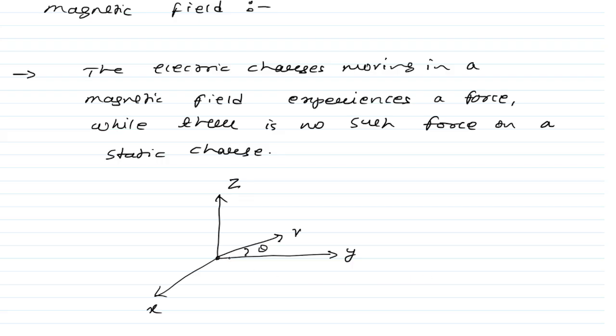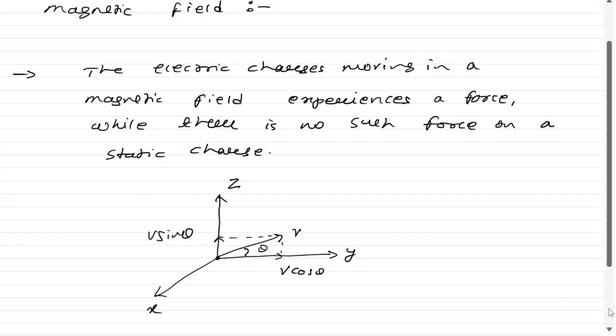Then this velocity will have two components, one is v cos theta along the y axis and one will be v sin theta. So this is the velocity of the charged particle.